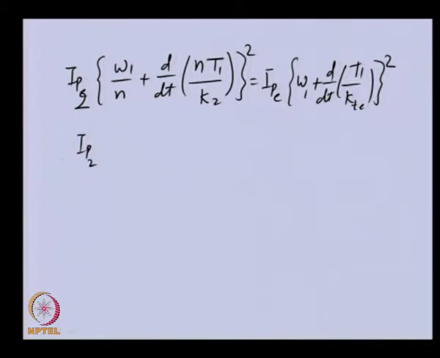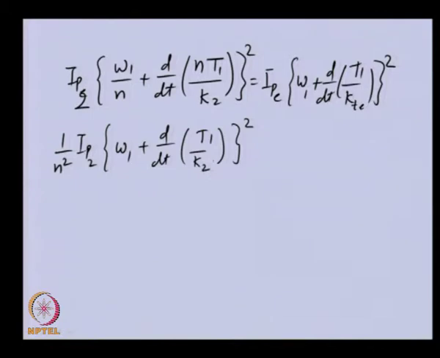If we take 1 by n common from within the square, we will get 1 by n square, omega 1 plus d by dt, T1 by KT2 times n square, is equal to Ipe, omega 1 plus d by dt, T1 n square by KTE.